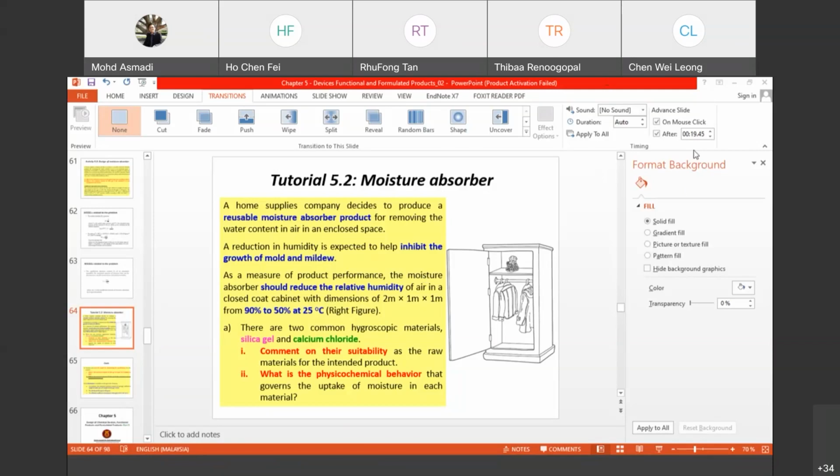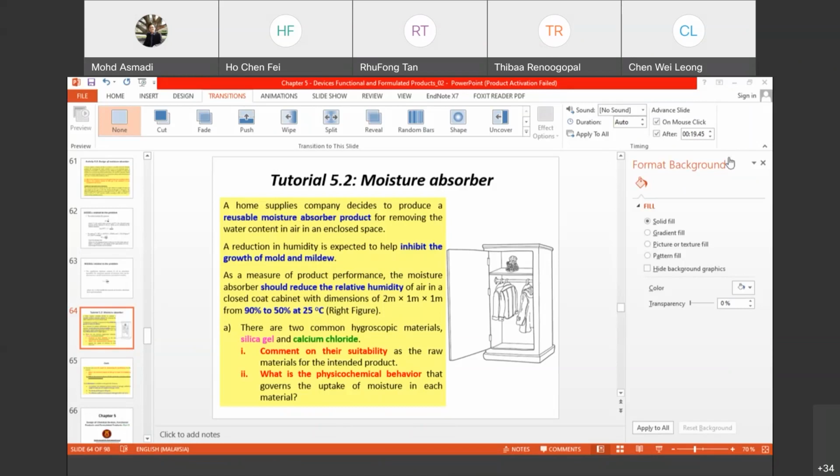Low absorption capacity, are you sure, for the silica gel? Long period protective. Where can we use the calcium chloride and silica gel? Where can we place the calcium chloride and silica gel? Silica gel, usually you can place where?